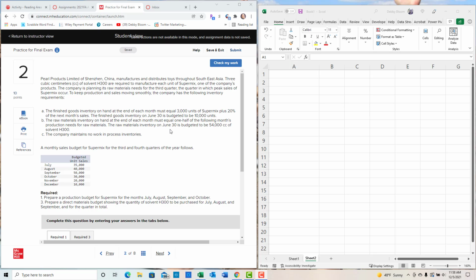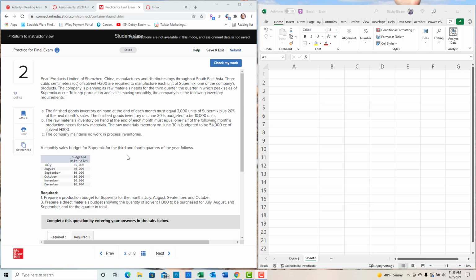The raw materials inventory on June 30th is budgeted to be 54,000 cubic centimeters of solvent H300. And C, the company maintains no work-in-process inventories. So we have the monthly sales budget for Super Mix for the third and fourth quarters of the year as follows.